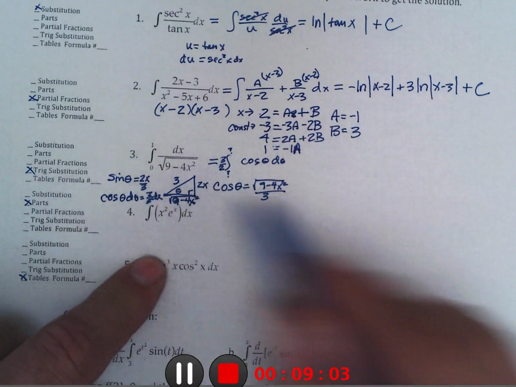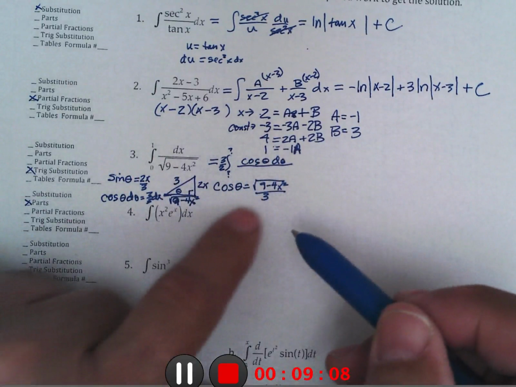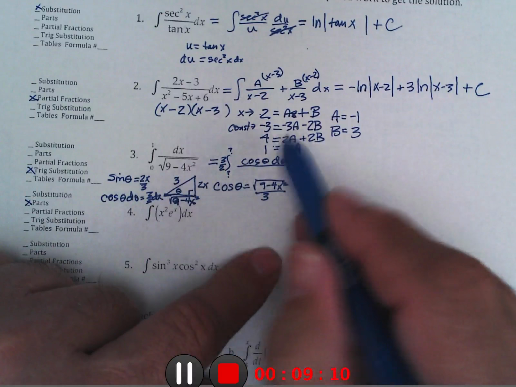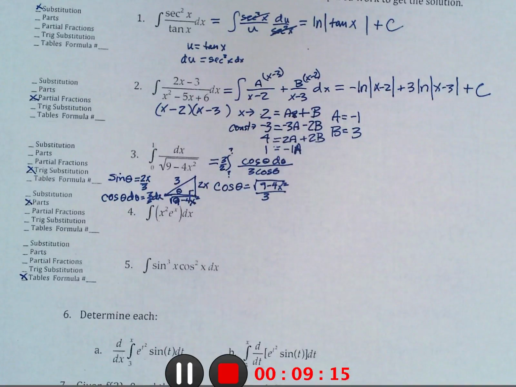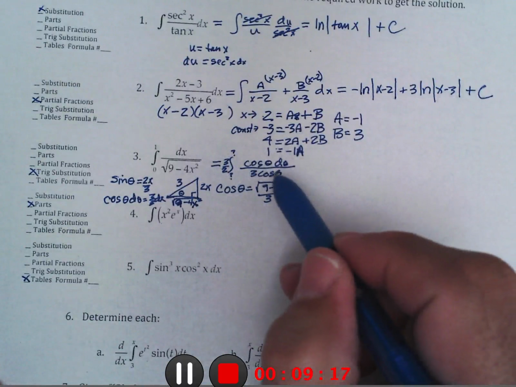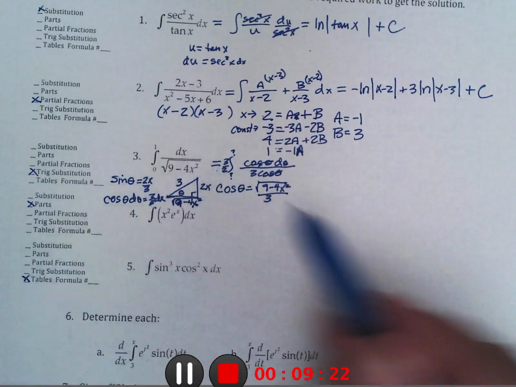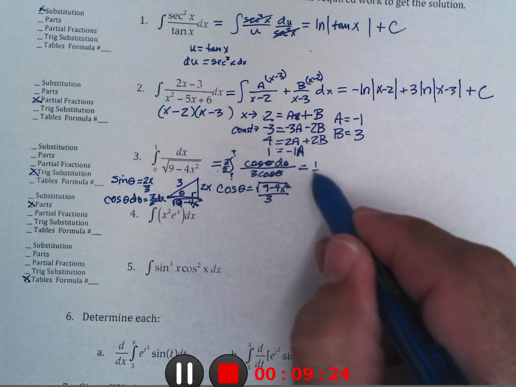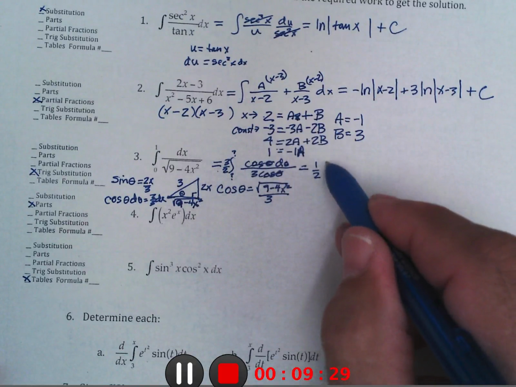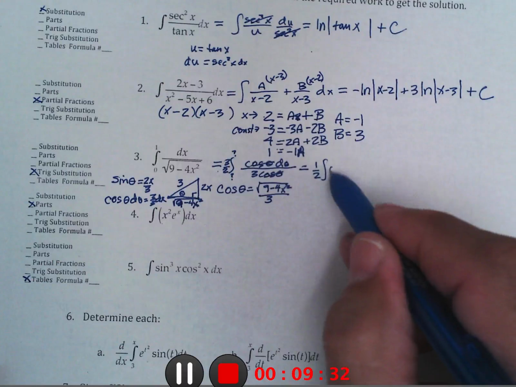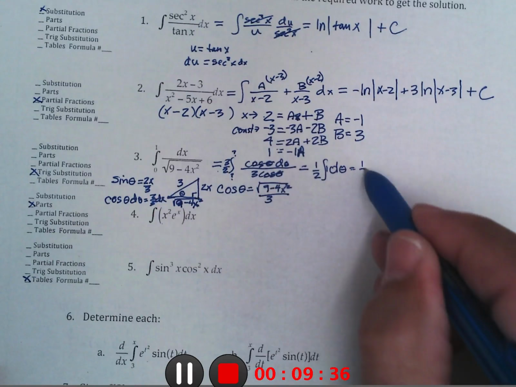So I take that out over this denominator, which is 3 cosine theta. Looks like the cosine thetas are going to cancel. The 3 will come out and cancel the 3, so I'm just going to get 1/2 integral of 1 d theta, which is 1/2 theta.